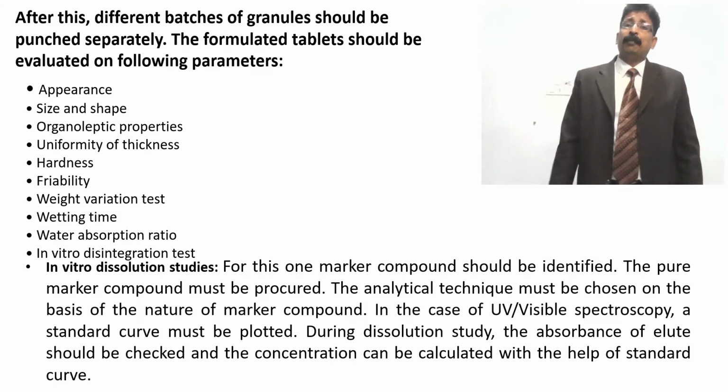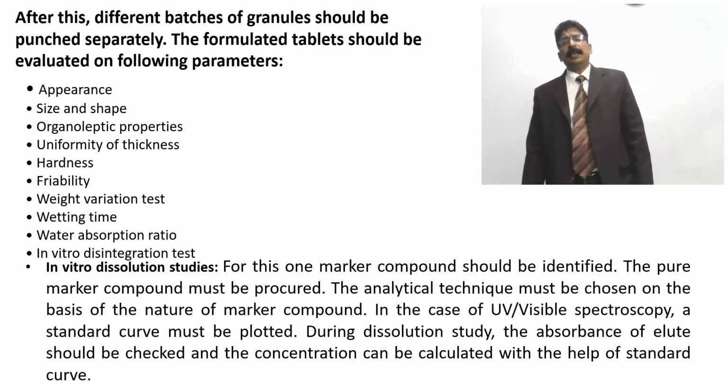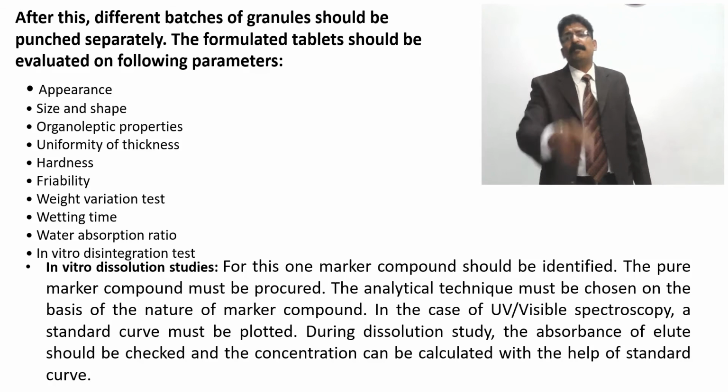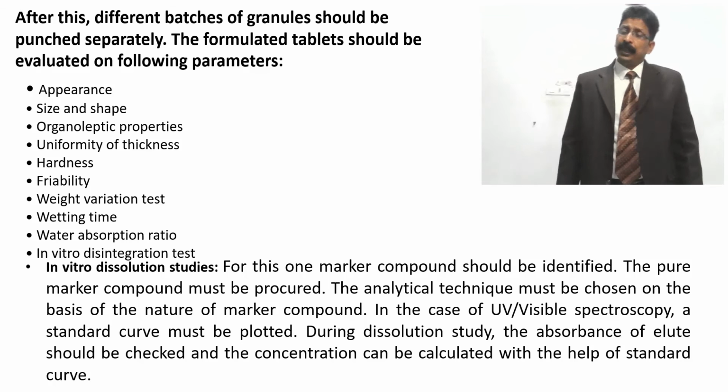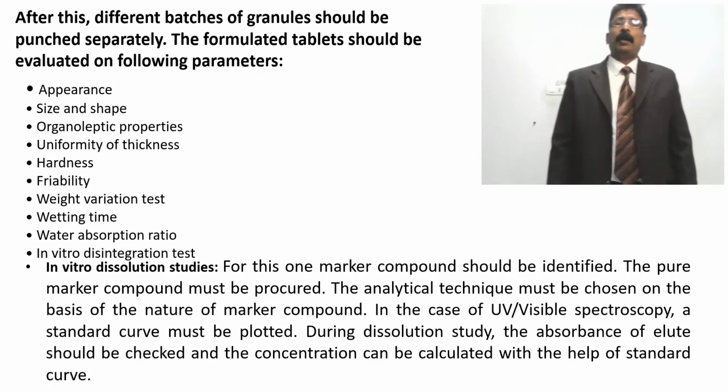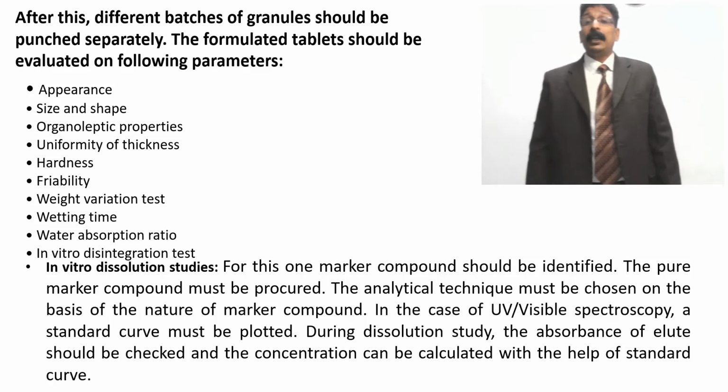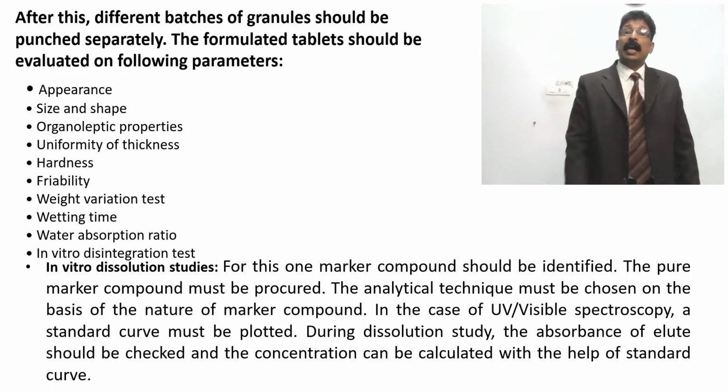After compression, what will be done in the herbal formulation? This is very important to write. You have to mention that after different batches have been granulated, they should be punched, compressed, and made into tablets. The formulated tablets have to undergo various parameters. That's why your question asks, how will you manufacture a herbal tablet and how will you standardize?